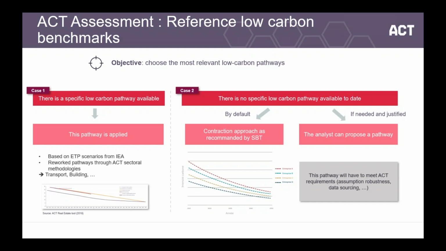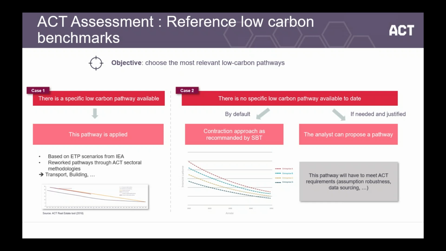We have as well, as Edouard was explaining before, the possibility of connecting with other sectoral ACT methodologies, for example the transport methodology, cement methodology, iron and steel methodology, that may be useful for specific companies that interact with these companies inside their value chain. Case two is that we don't have a specific low carbon pathway available to date, or we think that it's not robust enough.